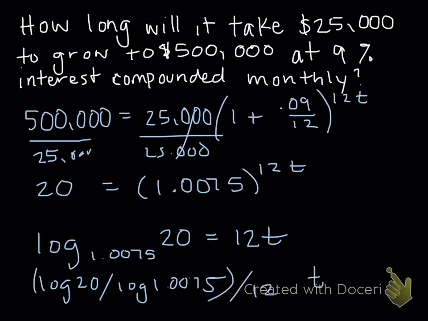And when you do that, we get approximately 33.4 years. So it'll take about 33.4 years for that to happen. We're going to pick up with some of these word problems and practicing these concepts tomorrow.